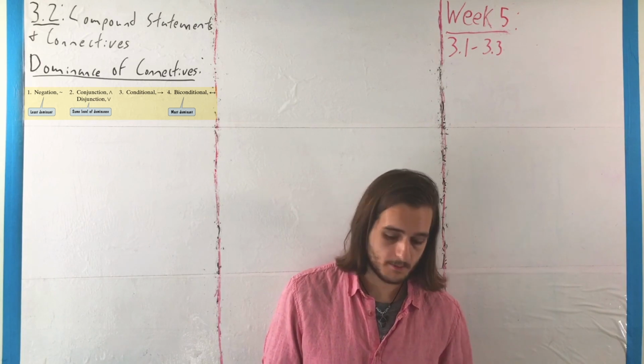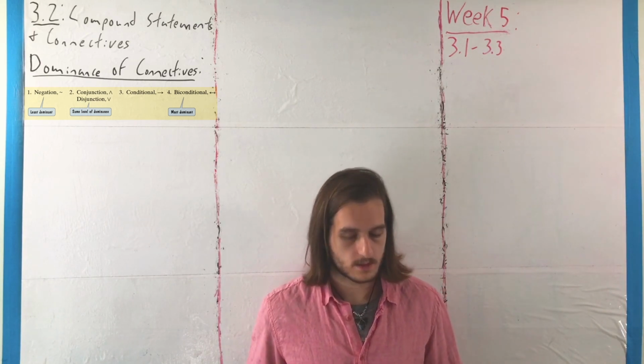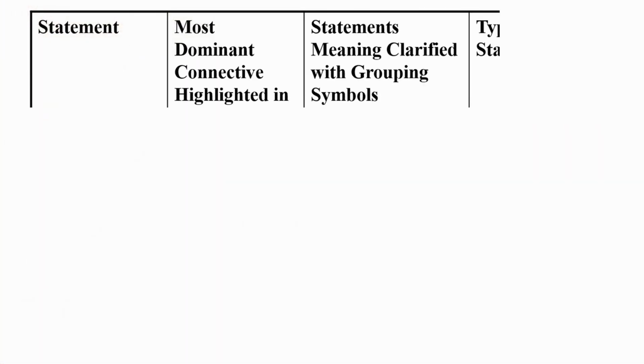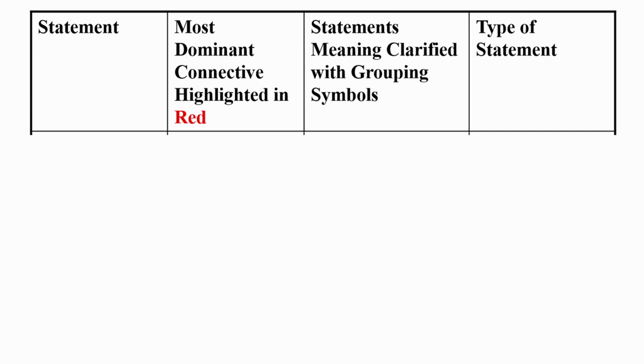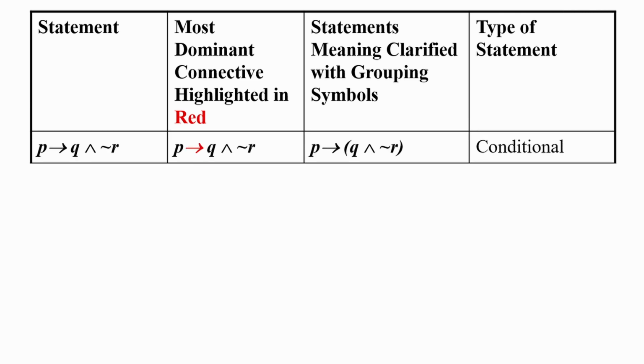But if we want to see some quick examples of how this works, if we look at statements that we have given here, then for something like P implies Q and not R, we have that the P implies Q is the most important, then the conjunction, Q and not R is next with the not R by itself, where you could re-clarify the meaning there if you wanted to group that conjunction by itself after the implication, where the conditional is the most important part.